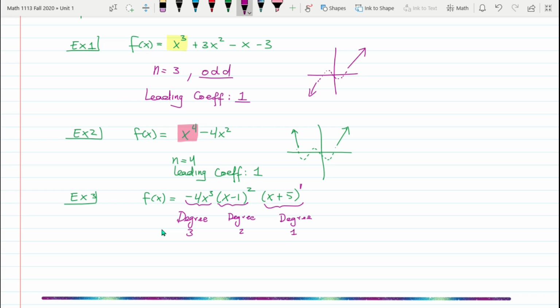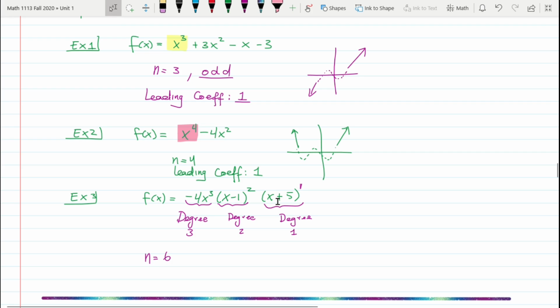You have to add up all the powers to then have a power of 6. So the power is 6, and the leading coefficient would have been -4 times 1 times 1.